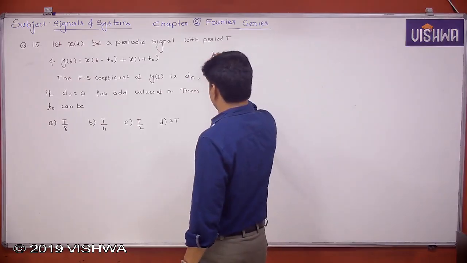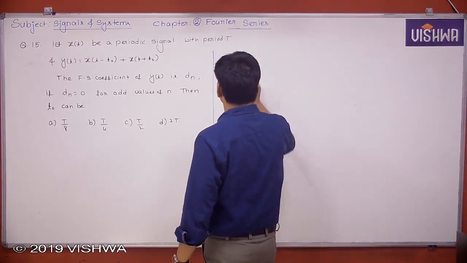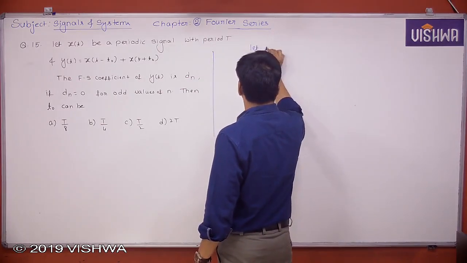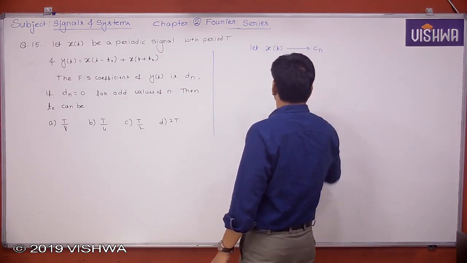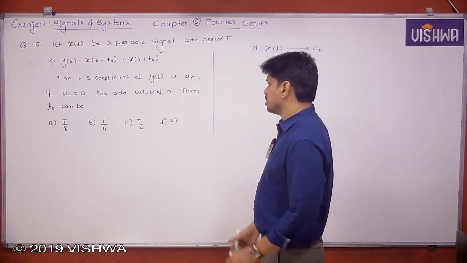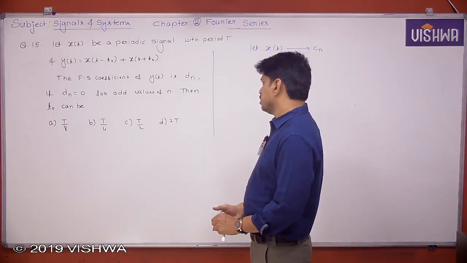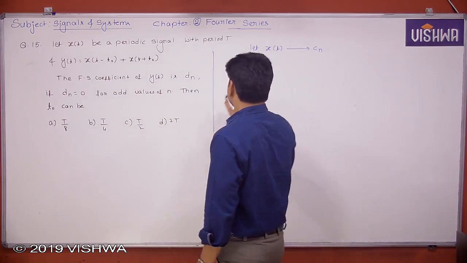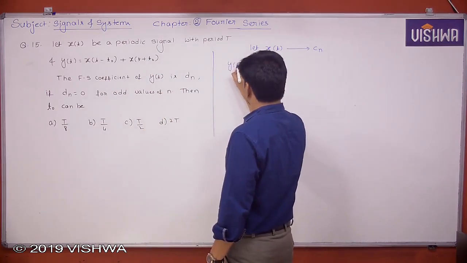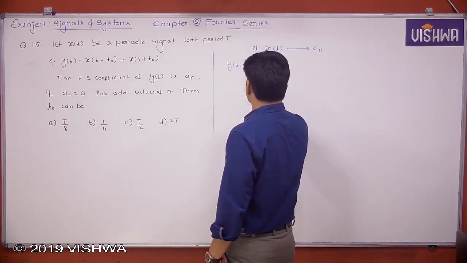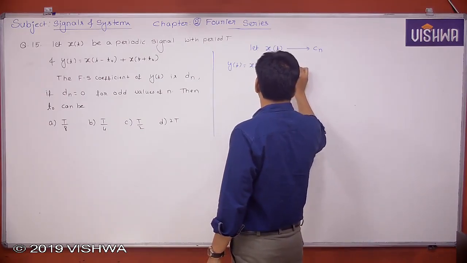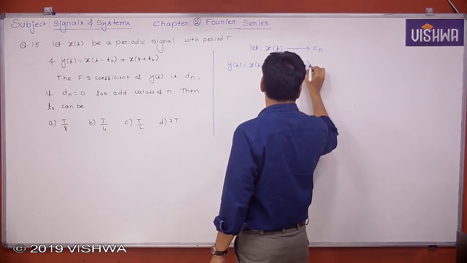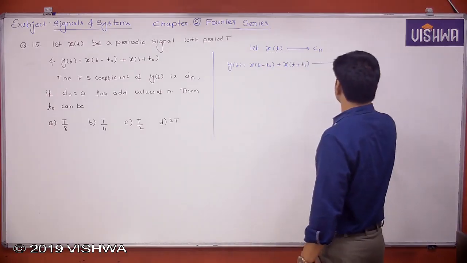What is the time shifting property? Let x of t have Fourier series coefficient Cn. Then y of t, which is x of t minus t naught plus x of t plus t naught, has Fourier series coefficient dn.